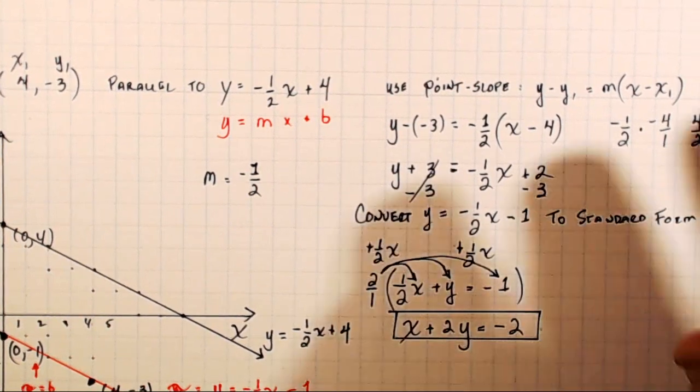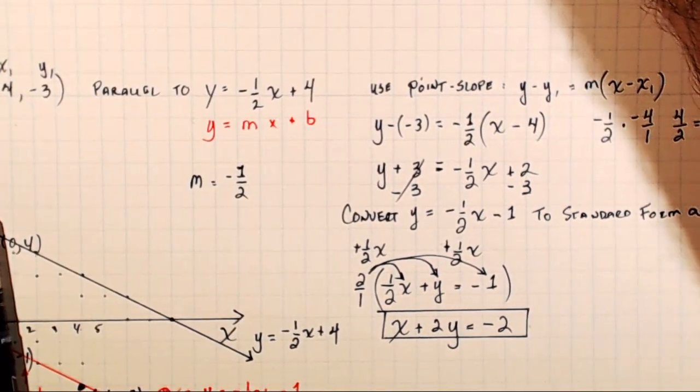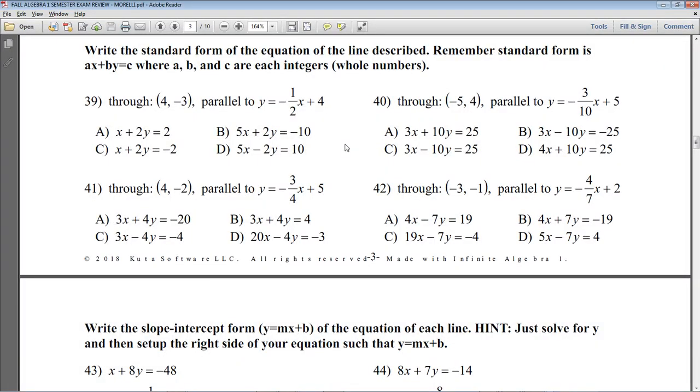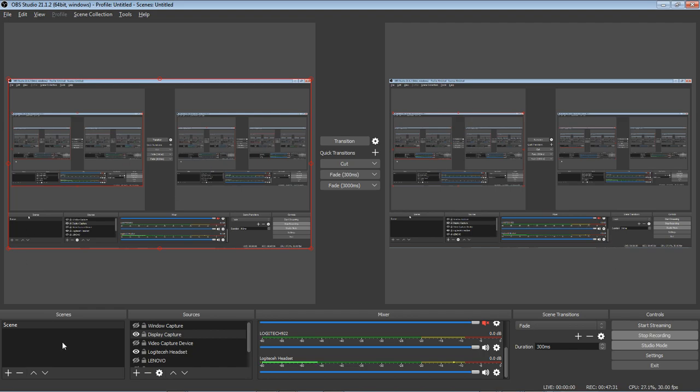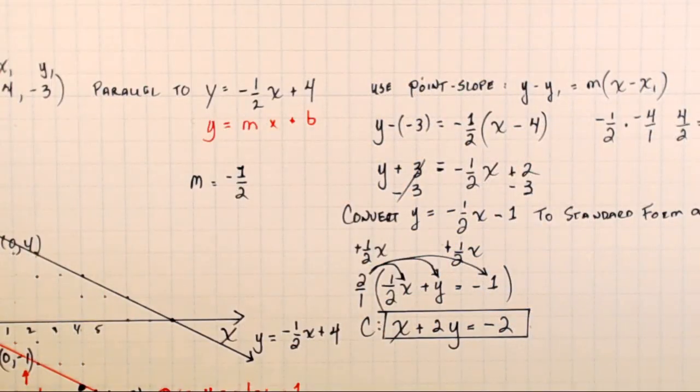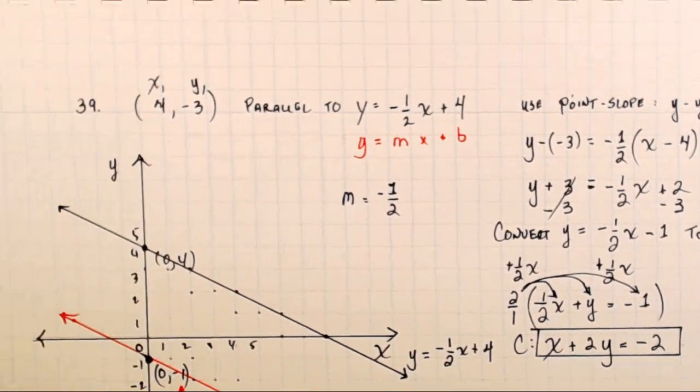Okay, so let's go to our answer document and see if we come up with that as an answer. We're looking for x plus 2y equals -2 for number 39. X plus 2y equals -2 is answer choice C. Okay, so answer choice C. There we go, answer choice C for number 39.